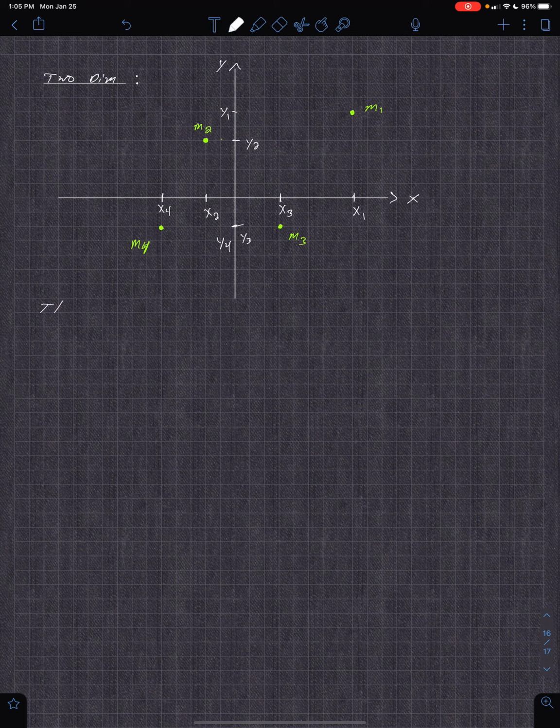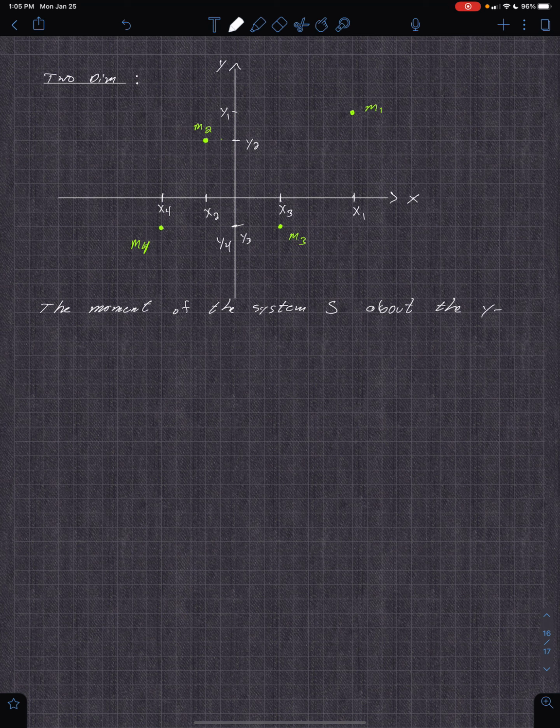So the moment of the system. When you have a bunch of masses like that, we use this terminology a lot, it's called a system. So the moment of the system S about the axis.